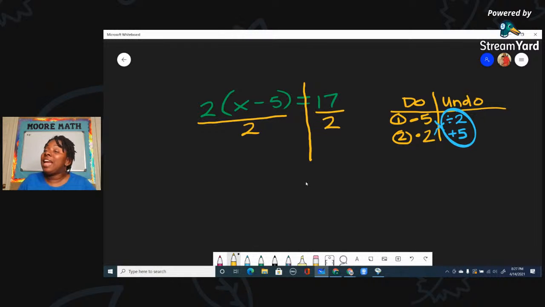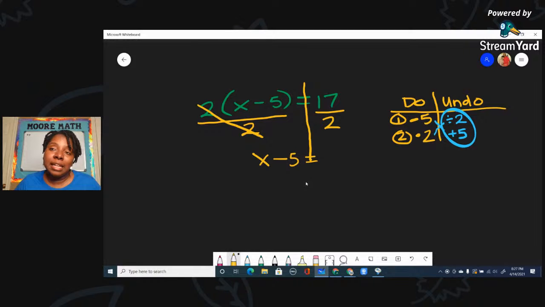I'm going to divide the left by 2 and the right by 2. When I divide by 2, watch this. What is 2 divided by 2? 1. I get rid of that 2. So I'm left with x minus 5 on the left. And on the right, I have 17 divided by 2.